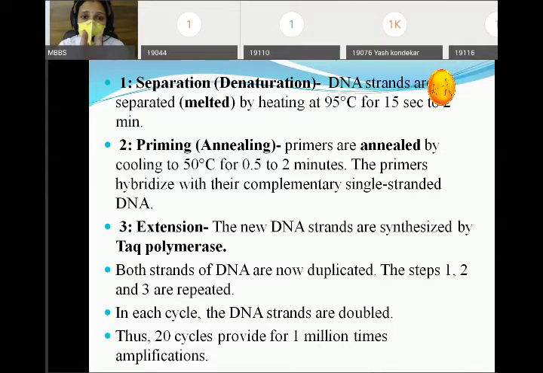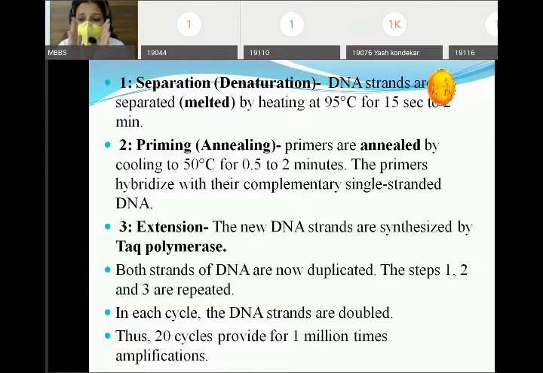So the 2 DNA strands will get separated. This is called separation. Next step is priming or annealing. These primers are annealed by cooling at 50 degrees Celsius for half to 2 minutes. These primers hybridize with their complementary single-stranded DNA.